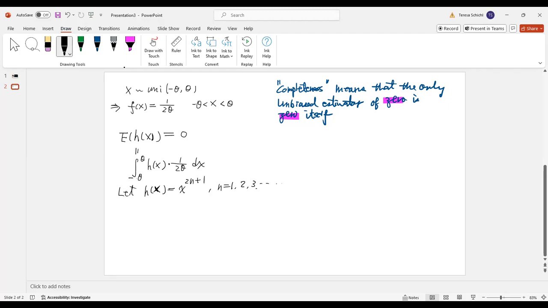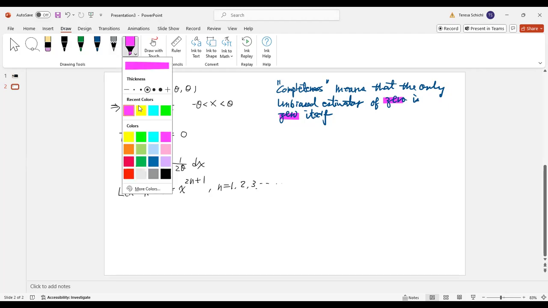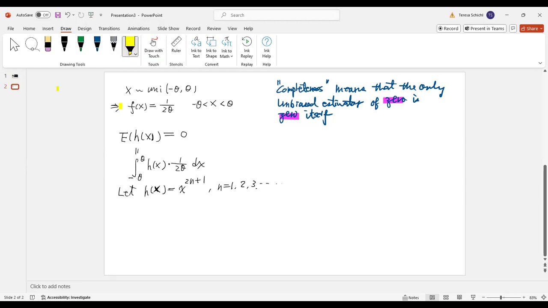You might ask why I choose this function. The reason is that we want to show it's not complete, so I want to find a non-zero function.